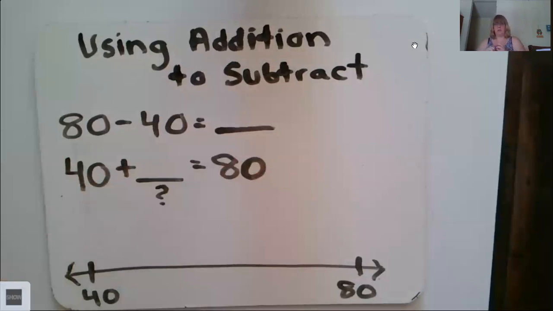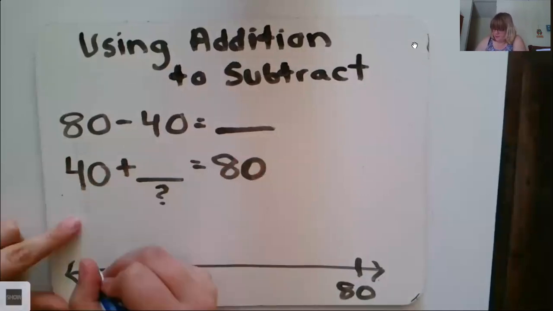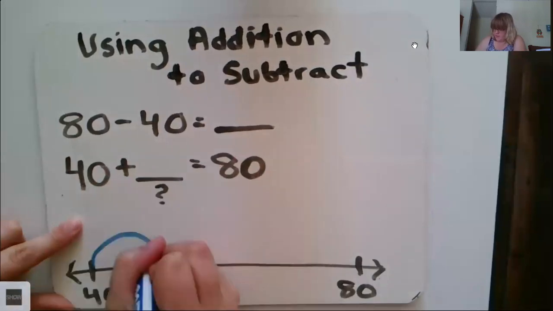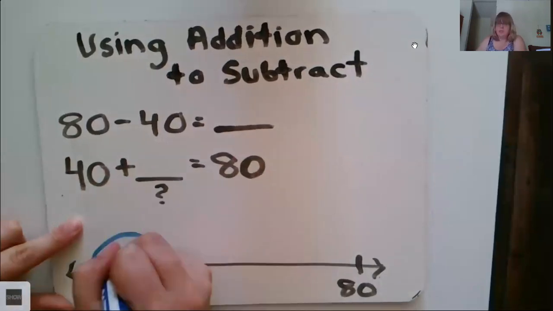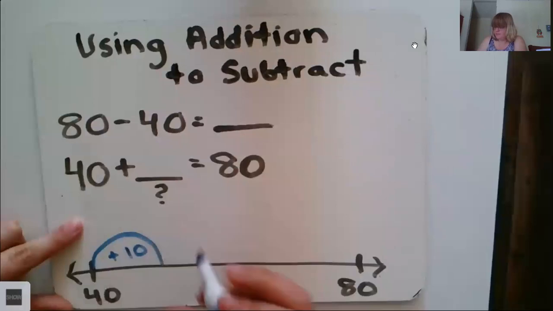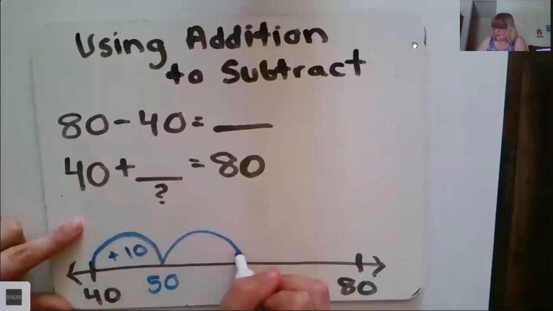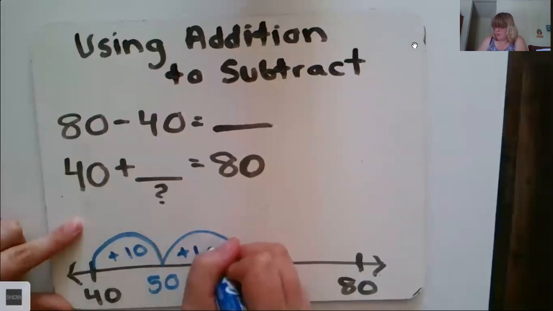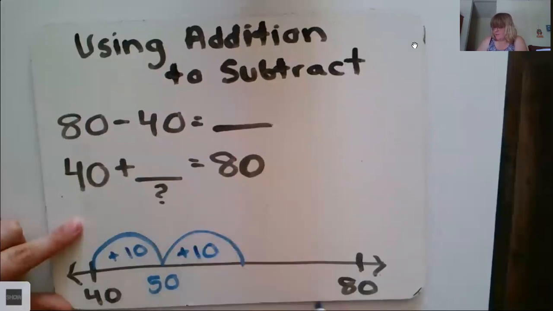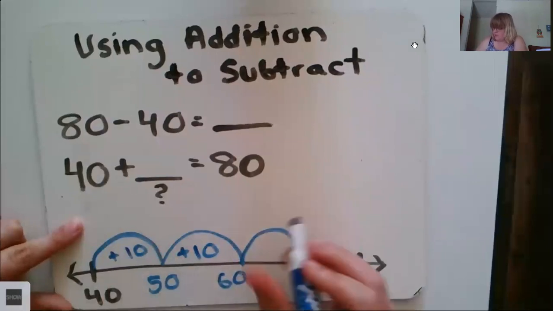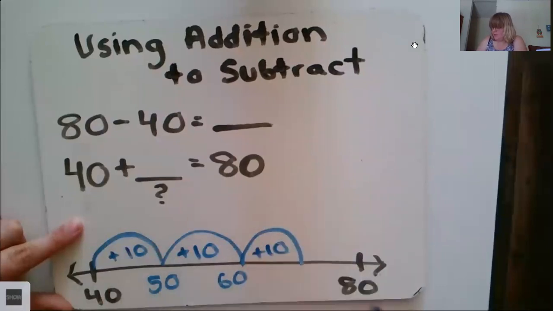So we're going to count by tens, one jump at a time. So if I jump once, 40 plus 10 is 50. If I jump a second time and I add 10 more, I go from 50 to 60. If I jump a third time and I add another 10, I'm going to jump from 60 to 70.